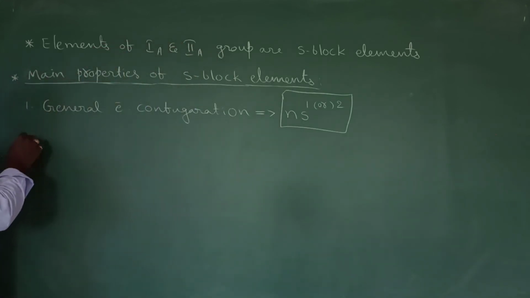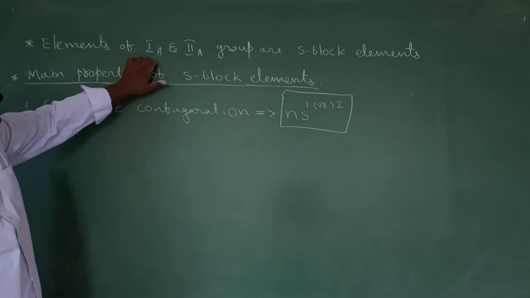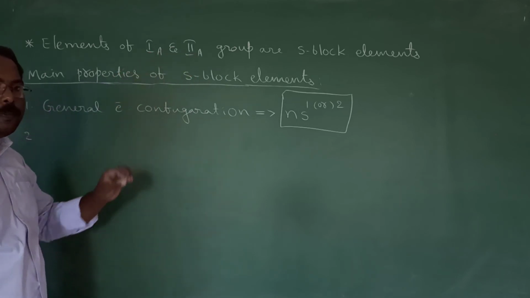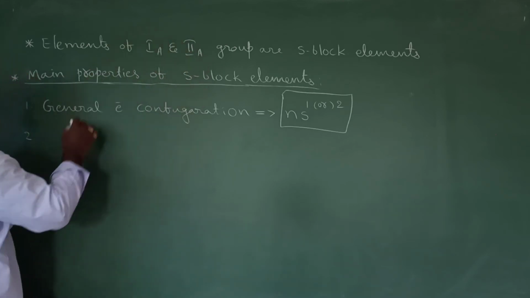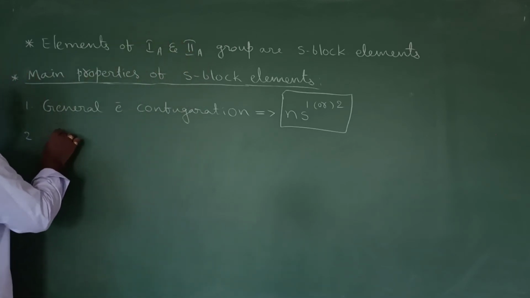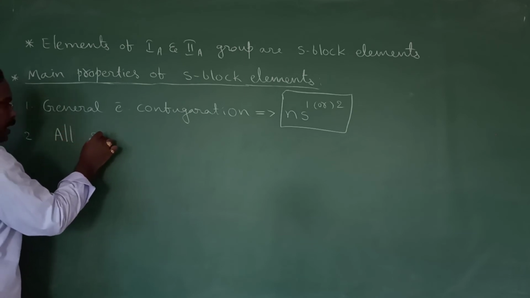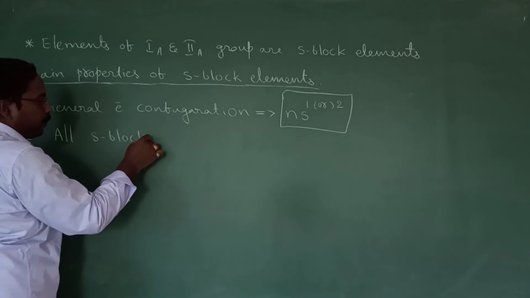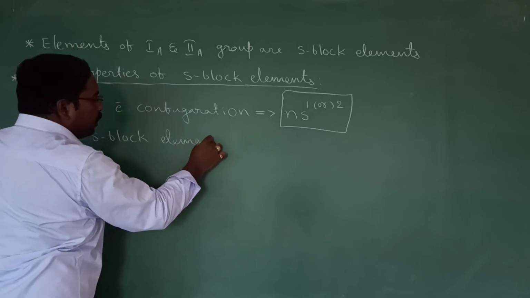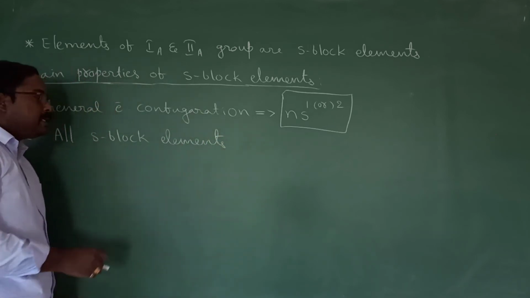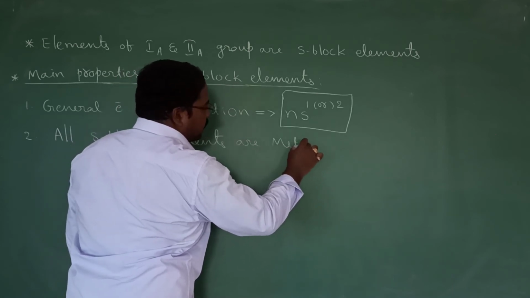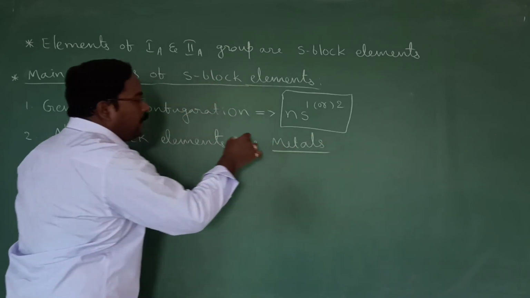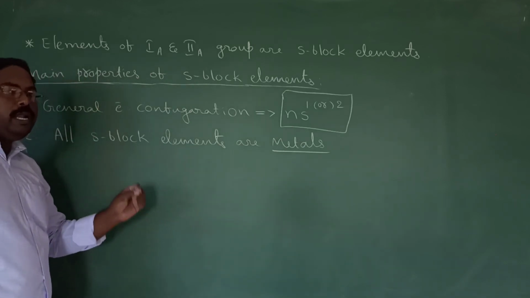Now, we already discussed the general properties of the first A group as well as the second A group in the last class. What is the common point regarding these two groups? Remember one point: all S block elements are metals.